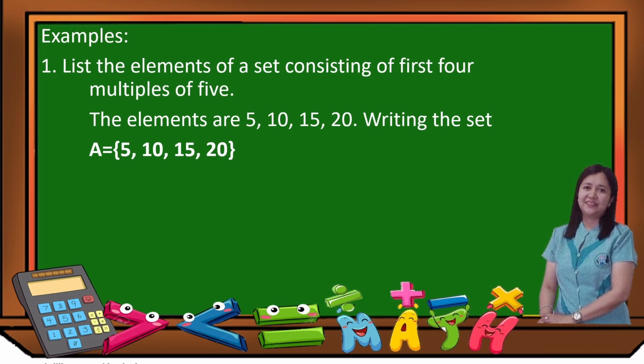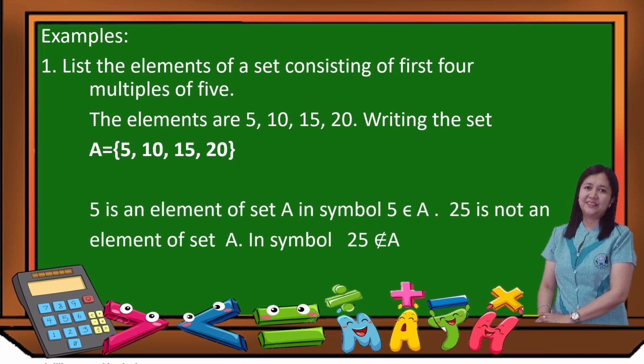Good, so let us proceed. 5 is an element of set A, so we use the symbol similar to letter A. So 25 is not an element of set A, since our elements are only 5, 10, 15, and 20. So in symbol, 25 is not an element of set A.